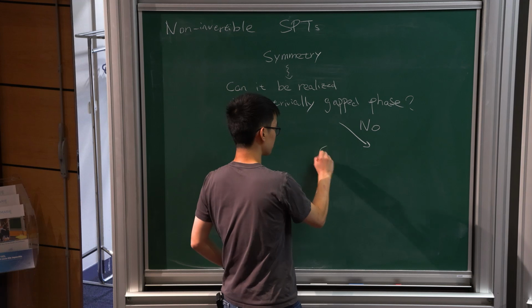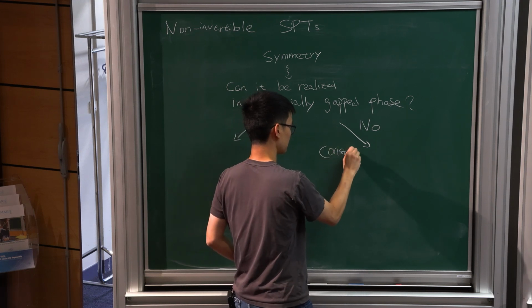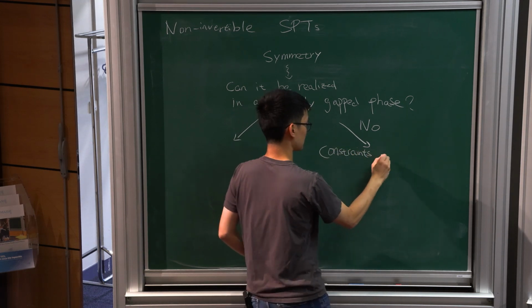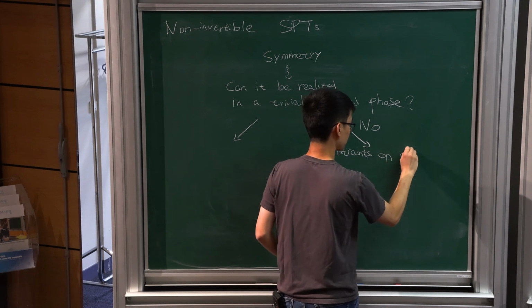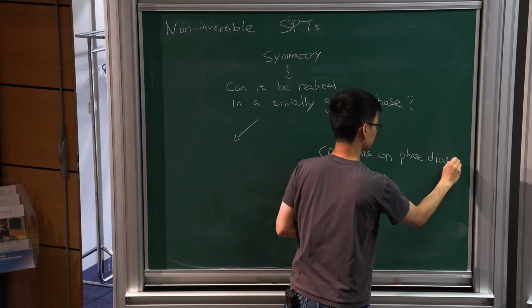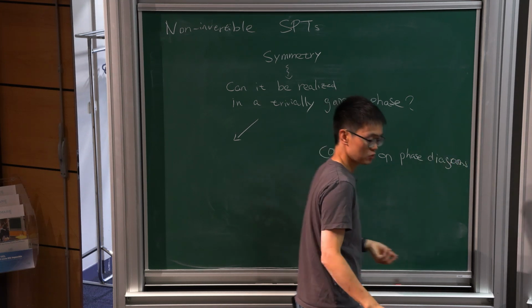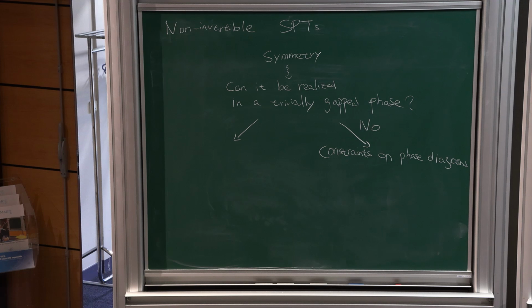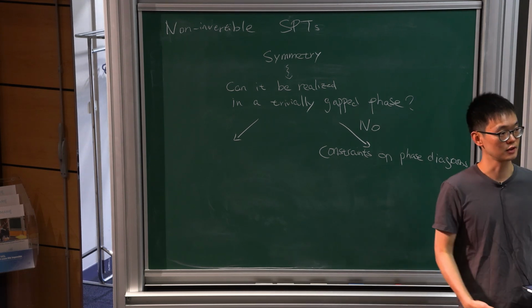Then it leads to constraints on the phase diagram, just like the constraints we discussed over there. And you should feel good about yourself, because that means the symmetry is quite useful, and whenever you find such a symmetry, it means something in the low energy.